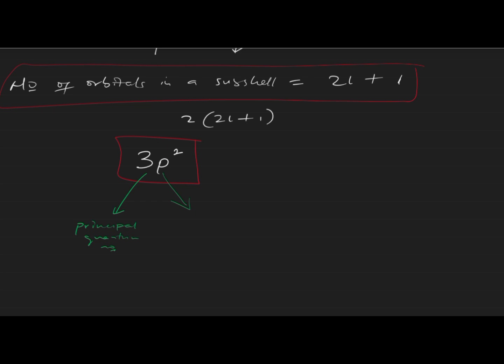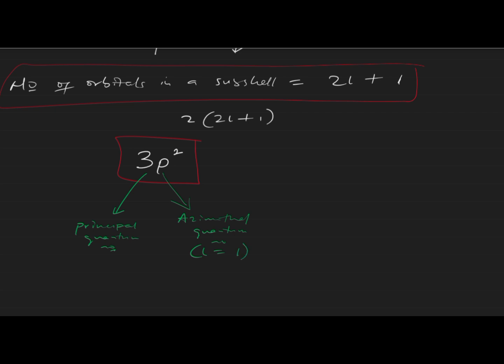So remember we said for the azimuthal quantum number, when L is equal to 0, it is S. When L is equal to 1, it is P. So having this as P is denoting the azimuthal quantum number, which is L equal to 1.